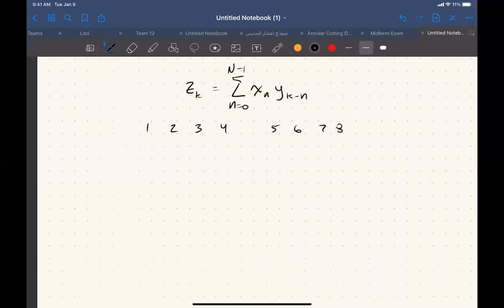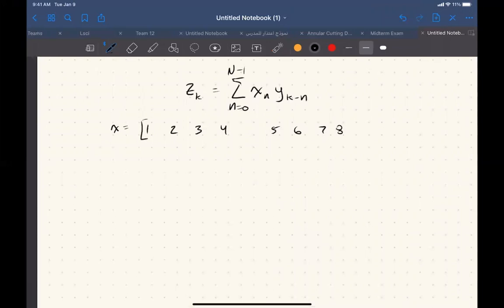All right, so this is x, and this is y. This is n equals 0. And we're going to start defining our z.